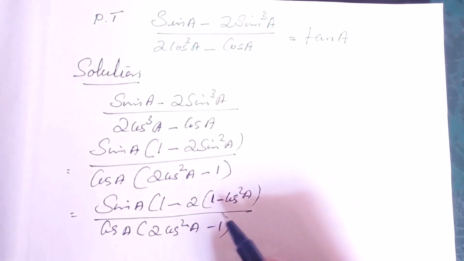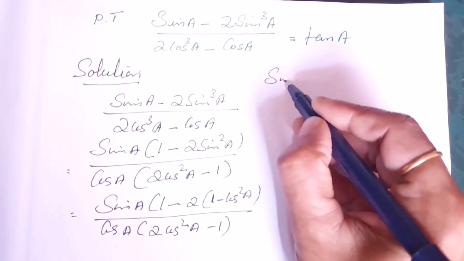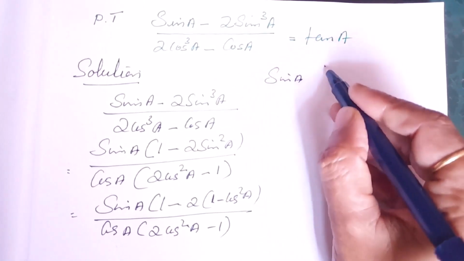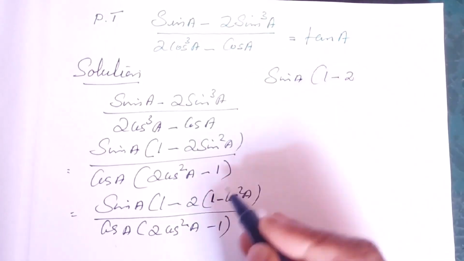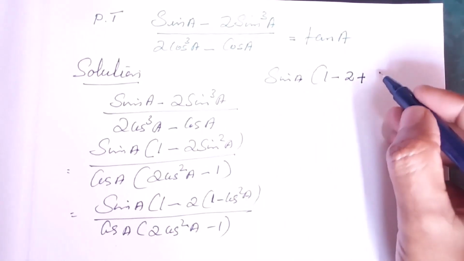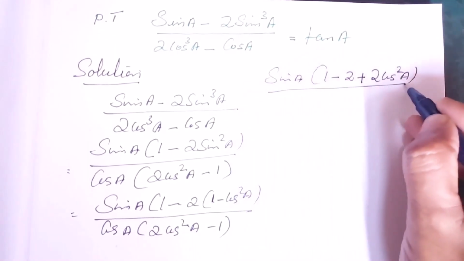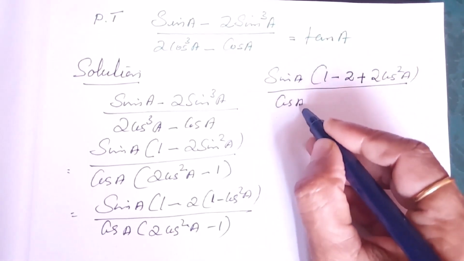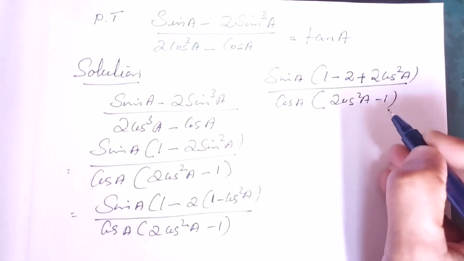Now again we can open the bracket. That is equal to sin A into 1 minus 2 into 1 is 2, minus 2 into minus cos square A is plus, so plus 2 cos square A, upon cos A into 2 cos square A minus 1, right?